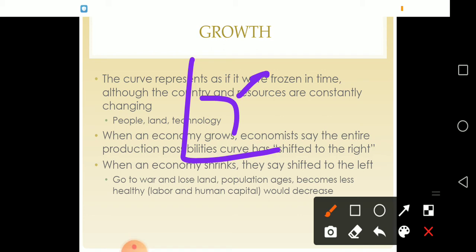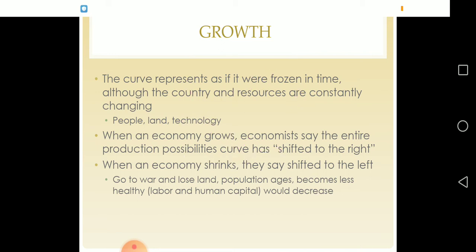So when it grows, it will come to the right here, or I can say outwards, or I can say to the right. When an economy shrinks, this is very important, guys, this means that my curve will be shifted to the left. Yes, when an economy shrinks, they say it shifted to the left. Go to war and lose land, population ages, become less healthy, labor and human capital would decrease.